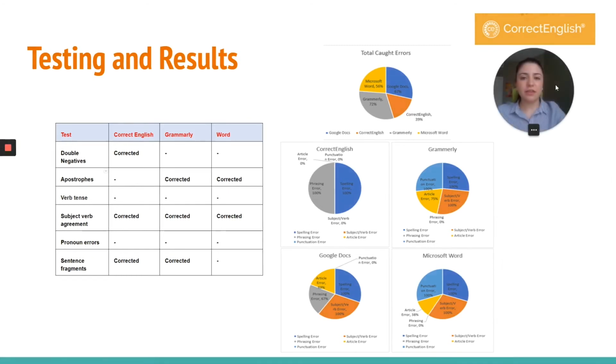Hello, thank you, Daniel. To continue where Daniel left off, I would like to present the 5-question survey that we conducted among other users of Correct English software as a part of our testing and results. The questions included in the survey are as follows.